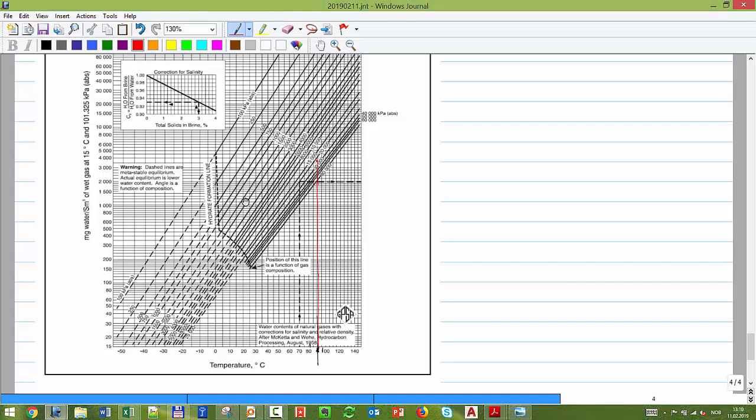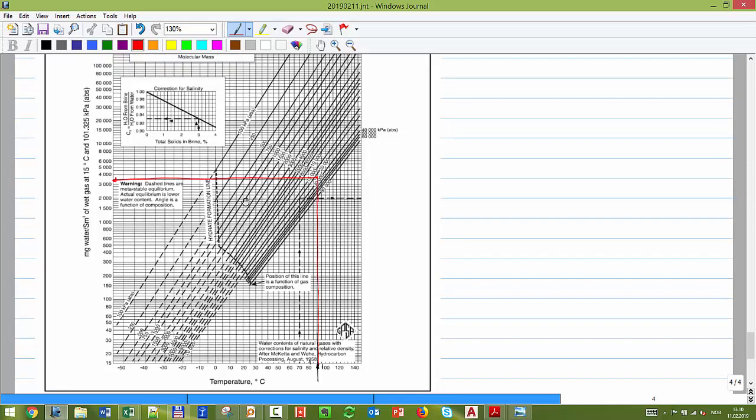And then I move to the left. And I'm getting, at least on this, 3,500 milligrams of water per standard cubic meter. Is that what you get also?